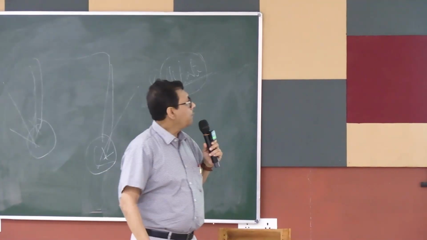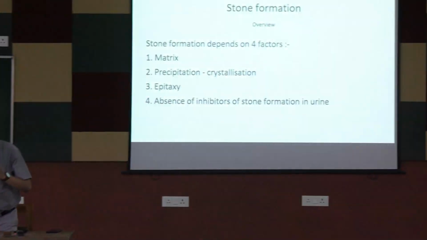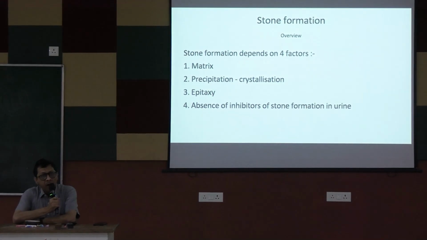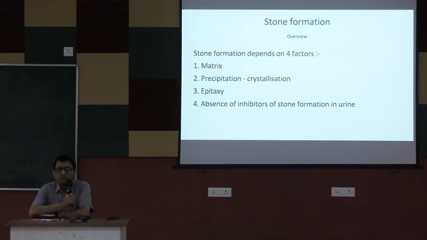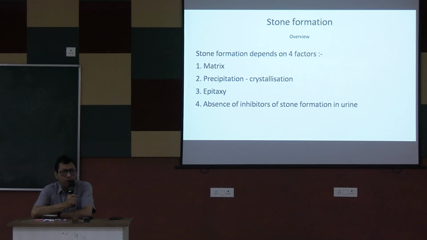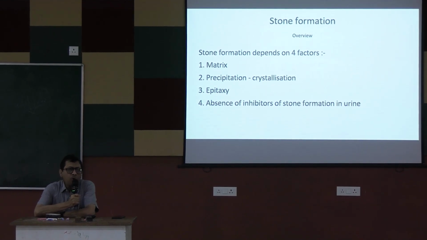Now, there are ways in which stones are formed. There are basically two very simple propositions. All of you have seen that if you pour a lot of salt into a glass of water and go on pouring, after some time some of the salt gets precipitated at the bottom. So whenever there is an abundance of ionic substances in the urine, how does it happen? It may happen due to overproduction.